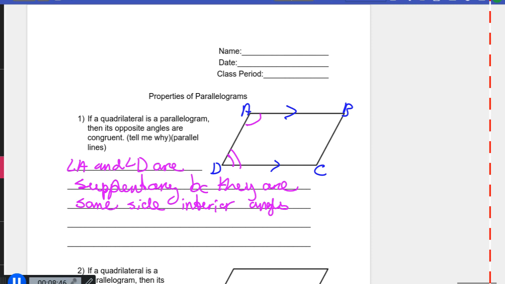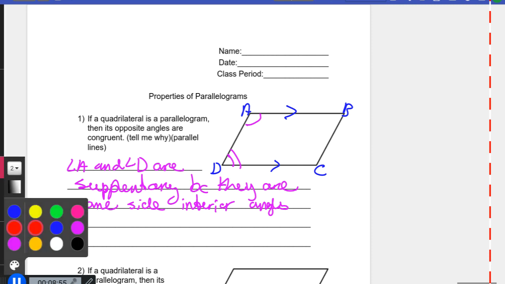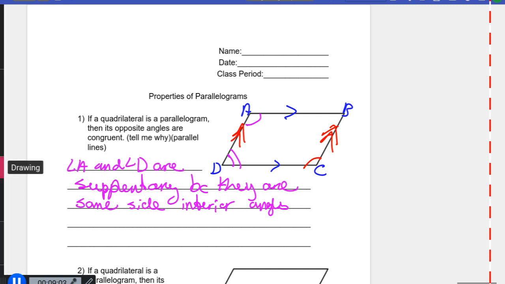Now, I've got the same thing happening if I go another direction. I'll do it red. So if I look at AD parallel to BC, now I can do my bottom two, like angle D and angle C are supplementary. So that gives me A and C opposite.